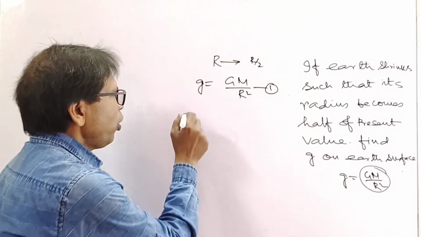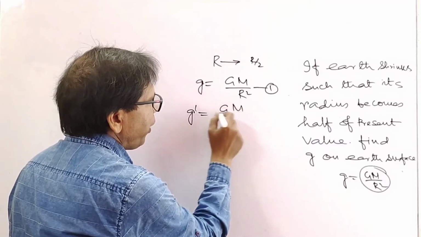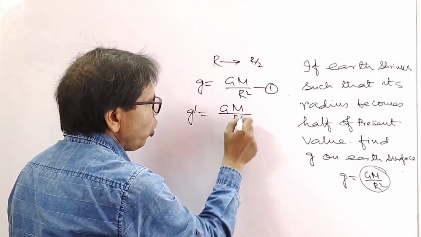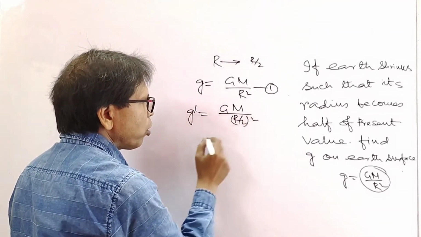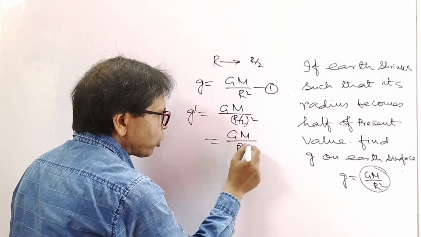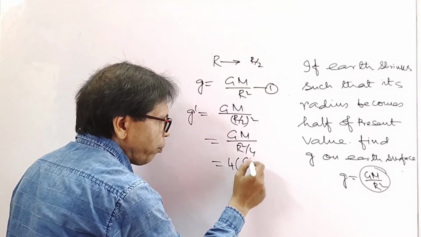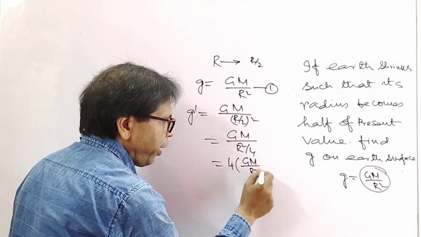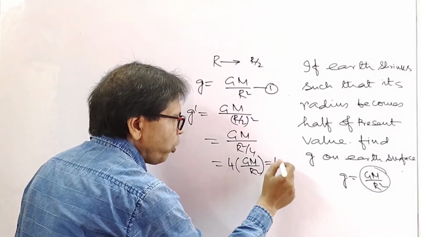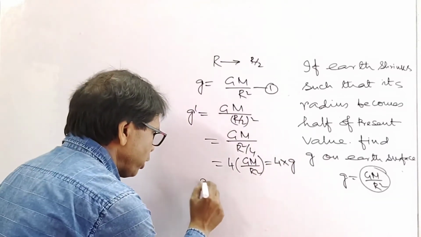Now g dash is G M over R by 2 whole square. This is G M by R square by 4, so this is 4 into G M by R square. Now this is 4 into g.